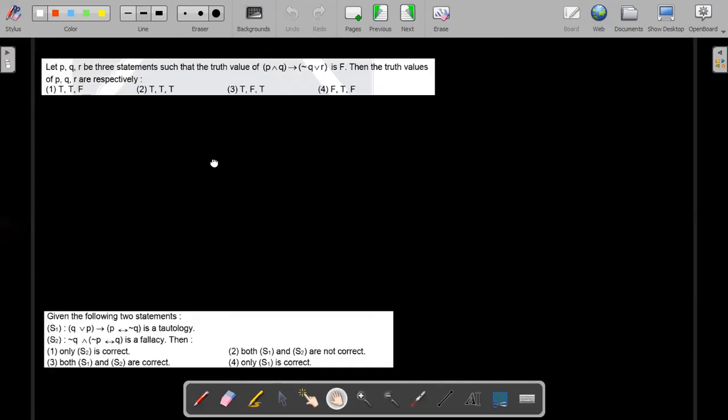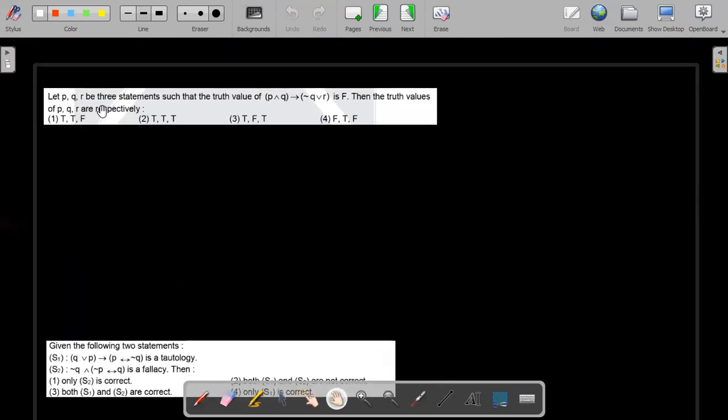Okay, next question. Let P, Q, and R be three statements such that the truth value of P and Q implies not Q or R is F. So the truth value of this thing is false when an implies statement becomes false.